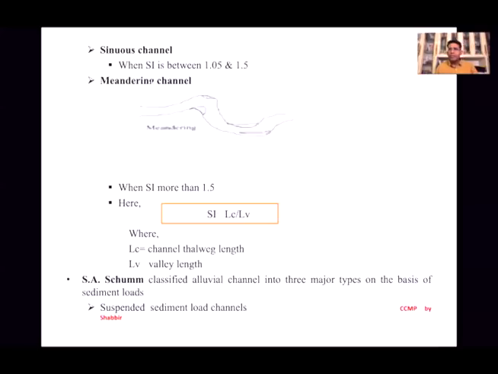Leopold and Wolman divide river channels basically into 3 types on the basis of Sinuosity Index. And SI is LC by LV. They say there are 3 possibilities: when SI is less than 1.05, between 1.05 and 1.5, and more than 1.5.